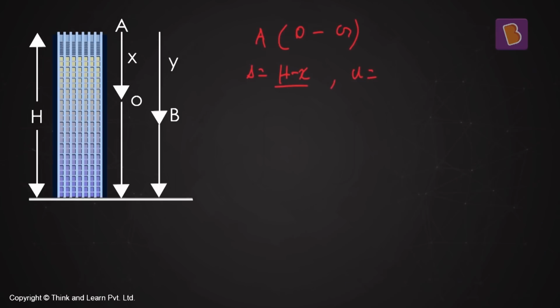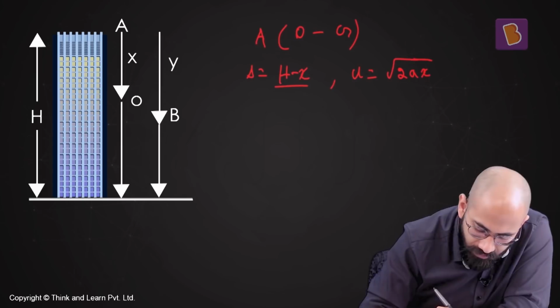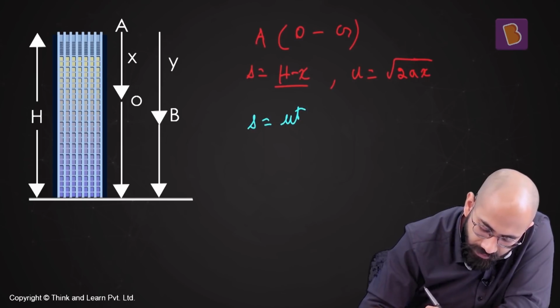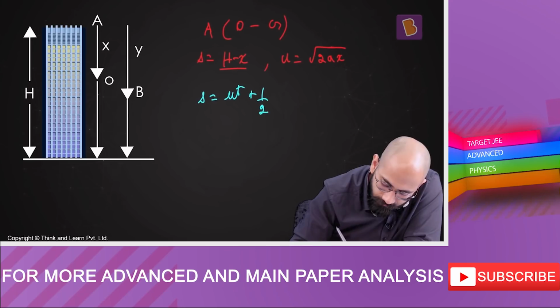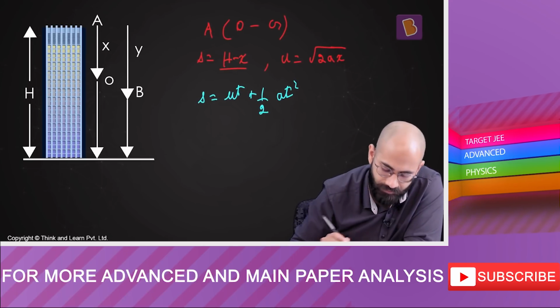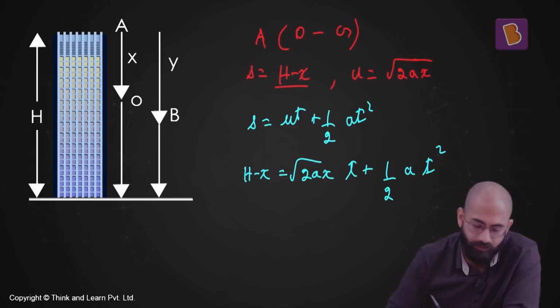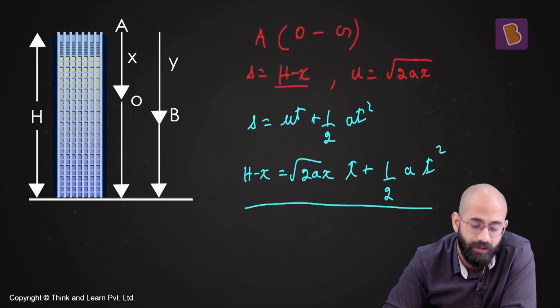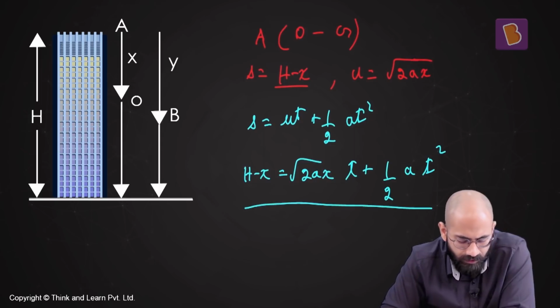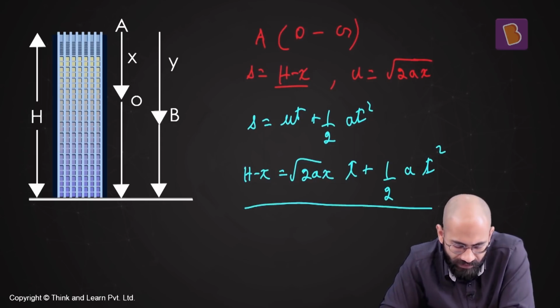U for this case is root of 2ax, correct? Because that's the velocity it had when it reached that point. Cool. So using s equals ut plus half at squared, we get this relationship between x and t.